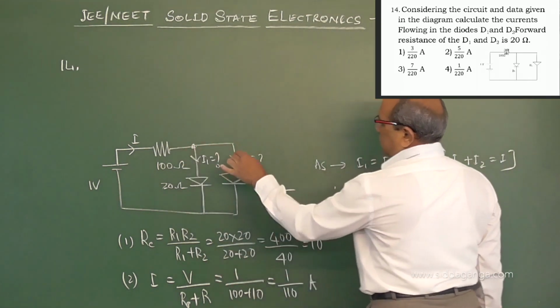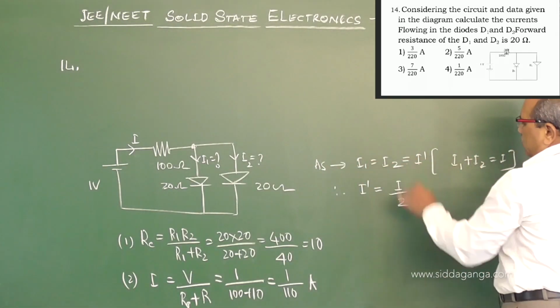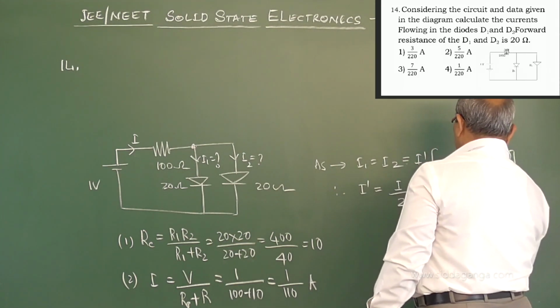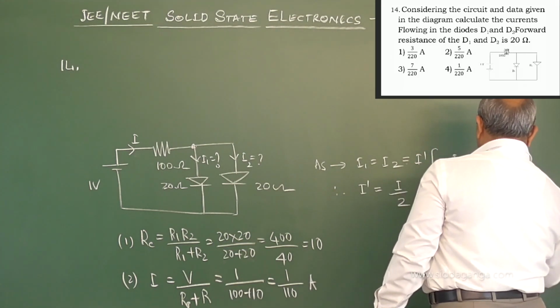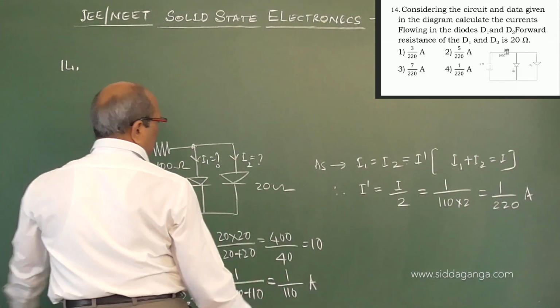This is I1 and this is I2. The main current is equal to the sum of the two currents. Both are equal, therefore I by 2. 1 by 110 into half gives you 1 by 220 ampere, option number 4.